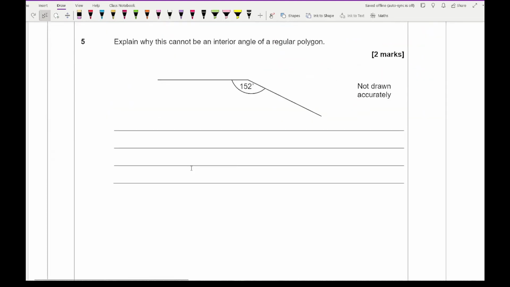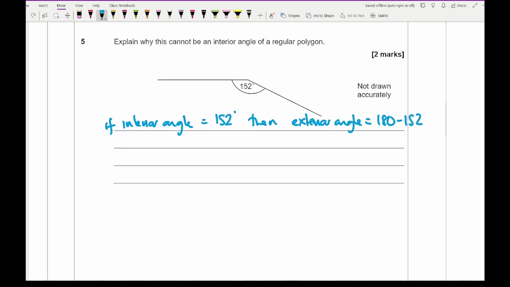Moving on to question 5, it says explain why this cannot be an interior angle of a regular polygon. Well, for this, if the interior angle equals 152, then the exterior angle will equal 180 minus 152, which equals 28 degrees.